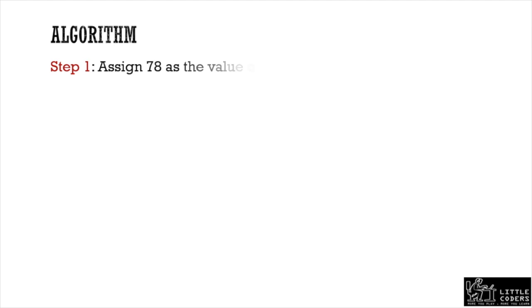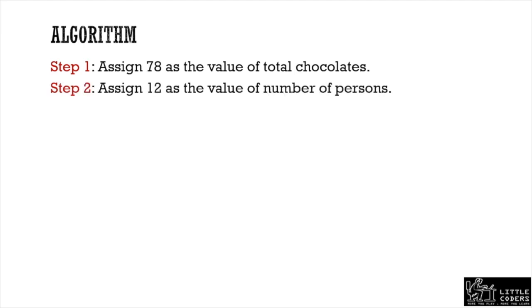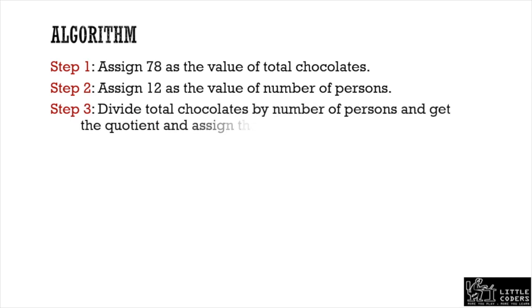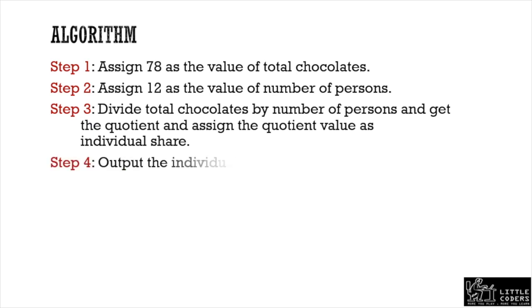Here step 1 is: assign 78 as the value of total chocolates. That is the variable name we are going to use here. Step 2 is: assign 12 as the value of number of persons. Step 3 is: divide total chocolates by number of persons, get the quotient alone, and assign the quotient value as the individual share.